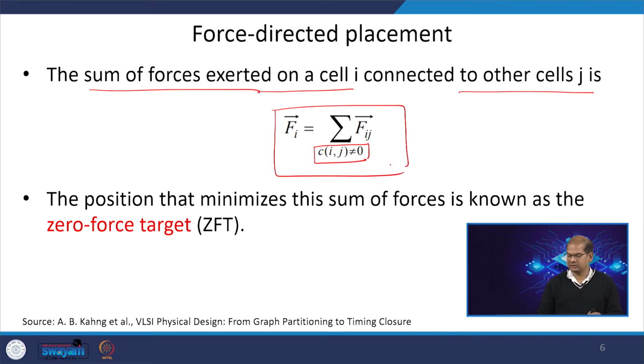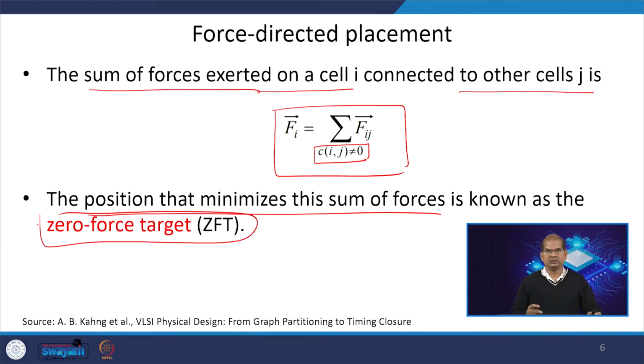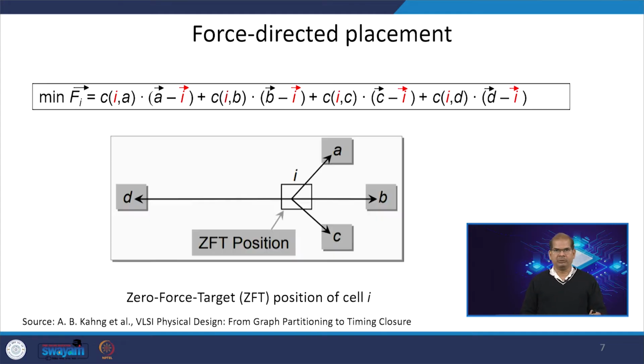This vector f of i is expressed using this formula. We are minimizing that sum. The position that minimizes the sum of the forces is called the zero force target, ZFT. So, zero force target is a location in the layout where my force is minimum.